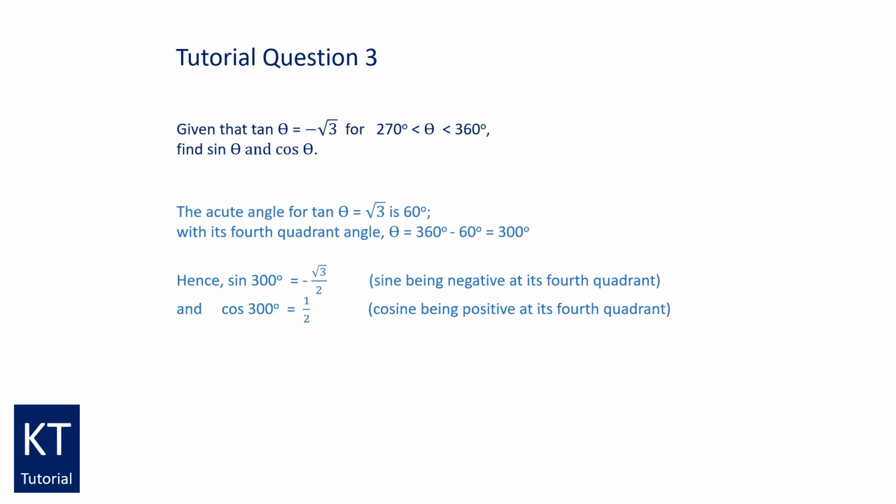Hence, we are to identify the values for sine 300 degrees and cos 300 degrees. In the case of sine 300 degrees, it is minus root 3 over 2, as sine is negative at its fourth quadrant. As for cos 300 degrees, it equates to 1 over 2, as cos is positive at its fourth quadrant.